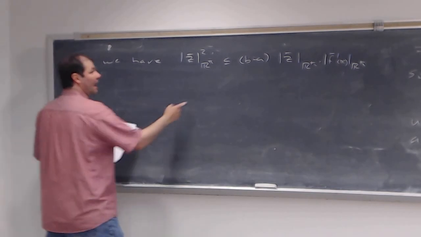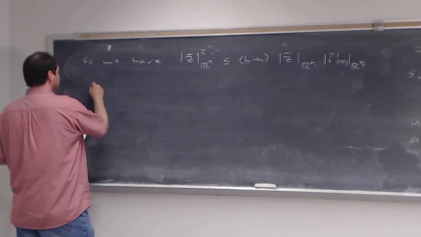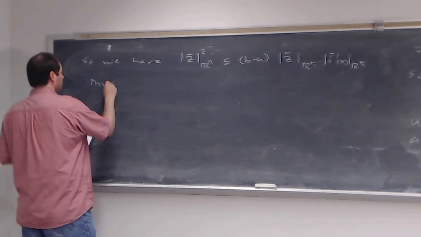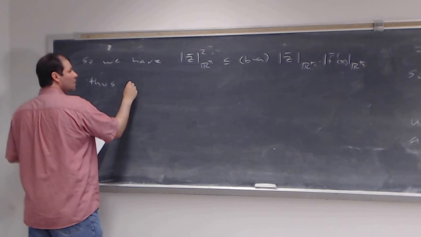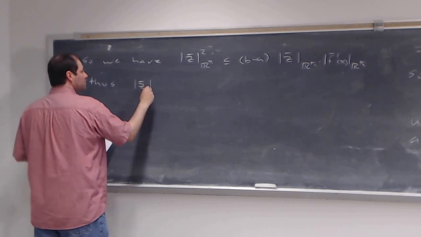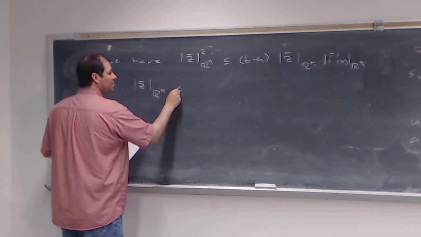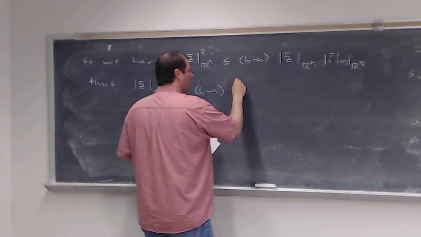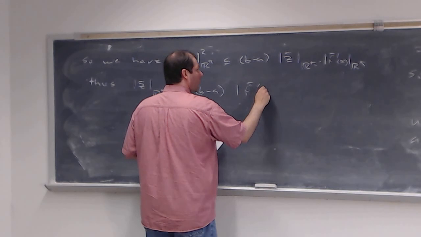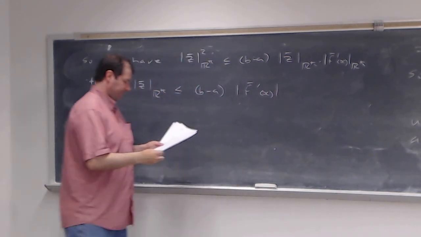And then dividing by the RK norm of z bar, thus the z bar norm in RK is less than or equal to b minus a times the norm of f bar prime of x in RK.